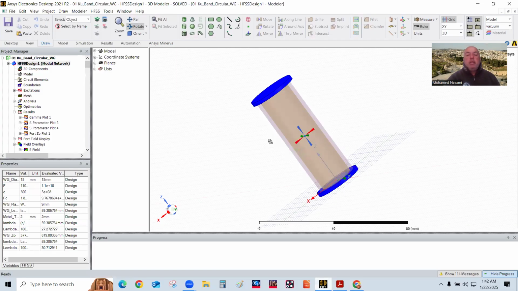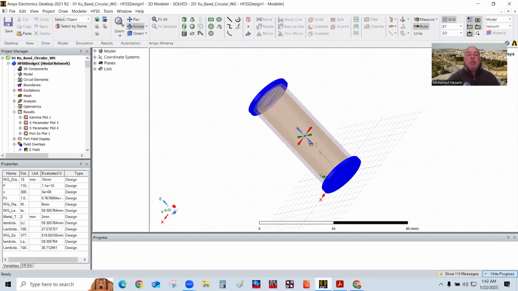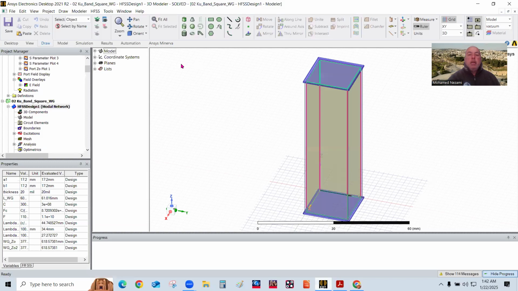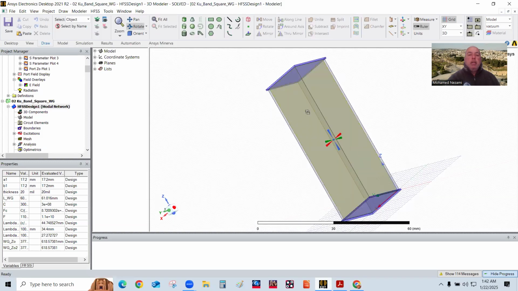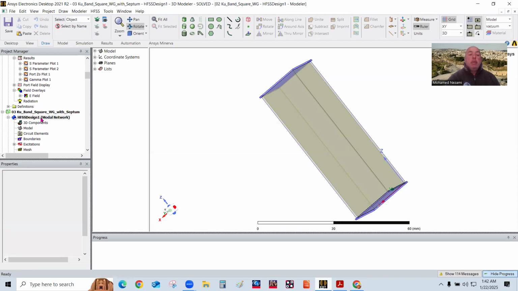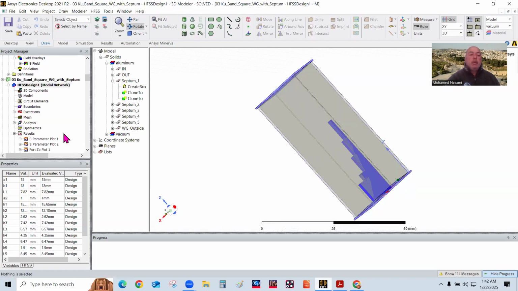I started from either a circular waveguide or a rectangular waveguide, and then went on to creating the septum polarizer, both for the square and for the circular waveguide.